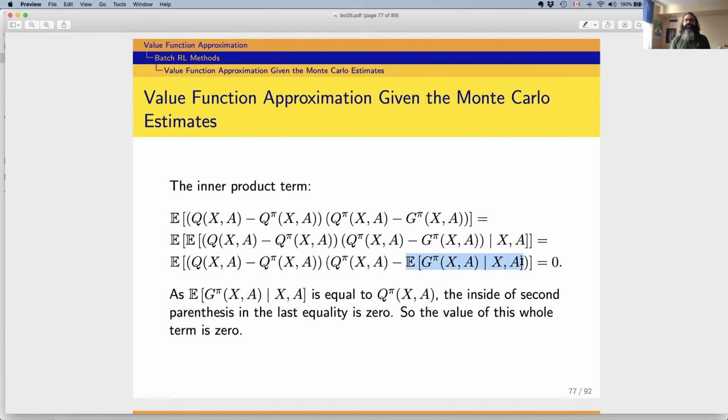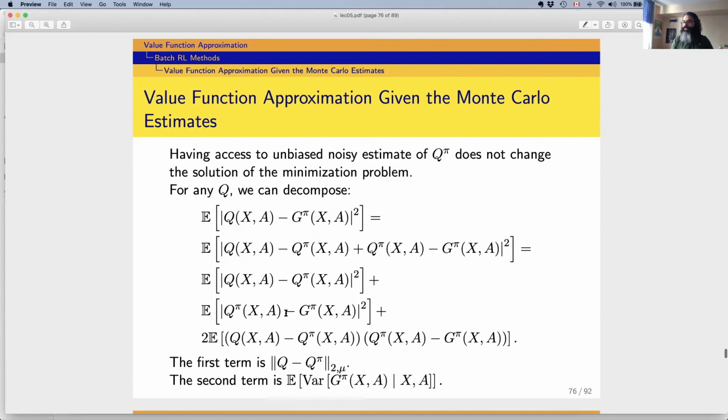That's the definition of Q pi: the value function is the conditional expectation of the return. G pi is return, so when I'm computing the expectation of it, this term becomes exactly equal to Q pi. So this whole parenthesis becomes 0, and the whole thing becomes 0.